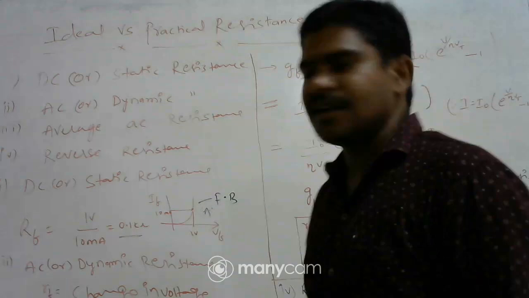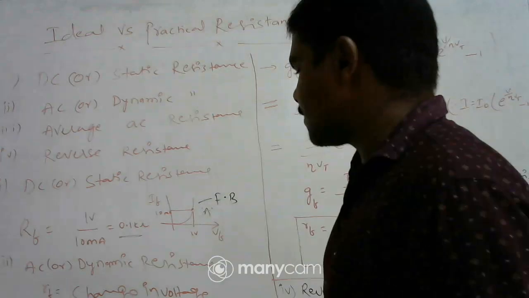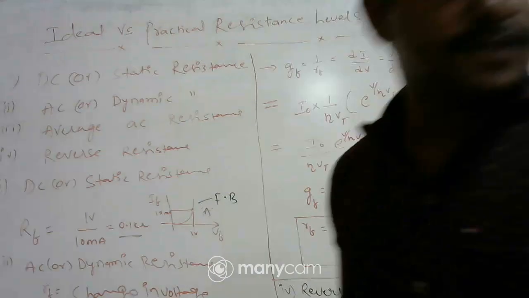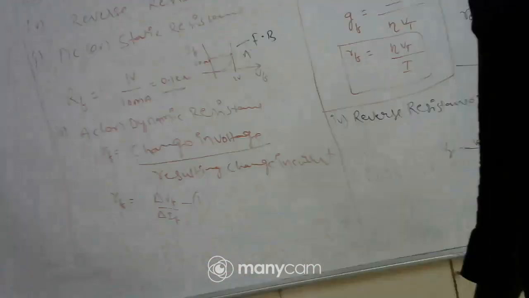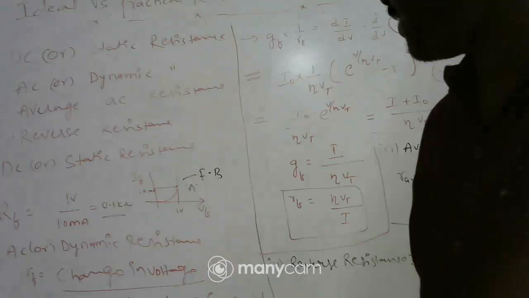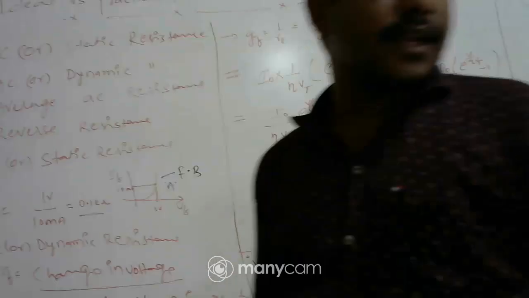You can observe the formula here. RF is equal to the change in voltage over the resulting change in current, that is RF is equal to delta VF by delta IF.